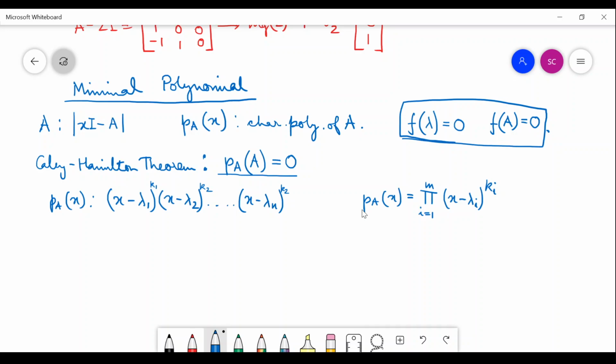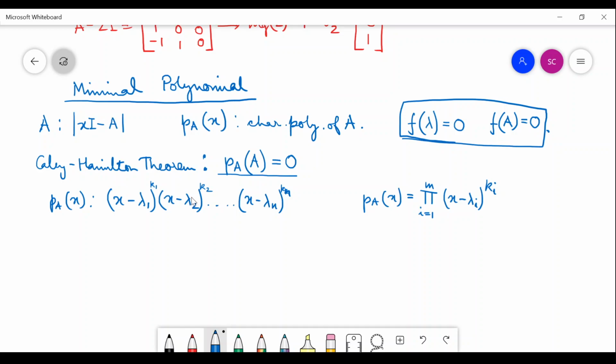When I say minimum order of the polynomial, I am actually trying to look at these indexes k1 to kn, and trying to pose the question that suppose these k_i's are greater than 1, then can I take something like, suppose I have (x minus lambda 1) to the power of 2, (x minus lambda 2) to the power of 2, all of these raised to the power of 2.